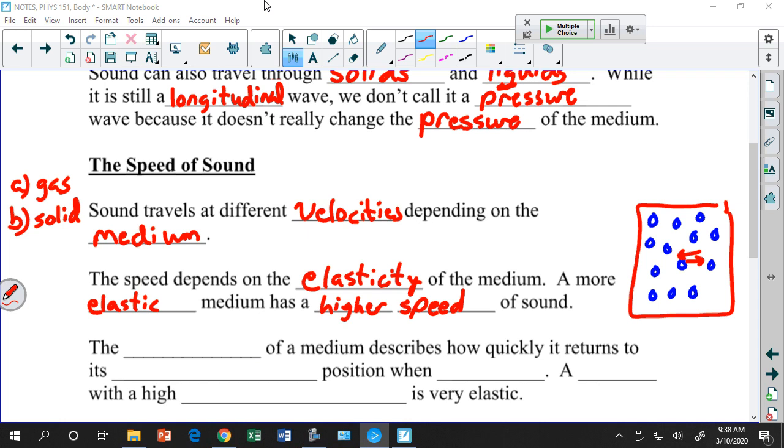And so the speed of sound in a solid is much, much higher than the speed of sound in a liquid or a gas. So the elasticity of a medium describes how quickly it returns to its equilibrium position when displaced.